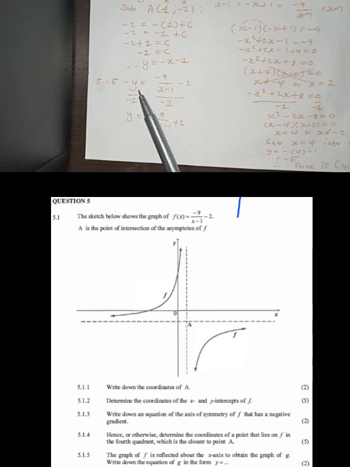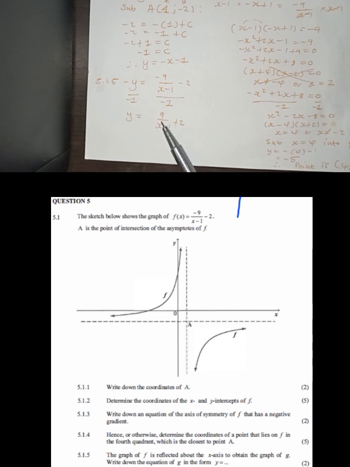When you negate the y, it will be -y is equal to -9 over x minus 1, minus 2. But we cannot have the subject of the formula being negative. So we divide both sides by -1, which gives us y is equal to 9 over x minus 1.